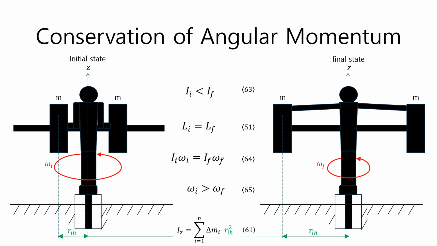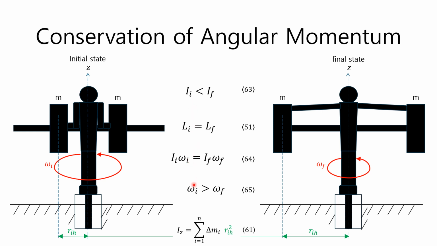Let's look at some examples to understand angular momentum. Here, the black part can rotate around the z-axis without friction with respect to the ground. In the left figure, a standing person is pulling the left and right masses m in as much as possible. At this time, the angular velocity is omega i, the mass moment of inertia is Ii, and the angular momentum is Li, which represents the initial state.